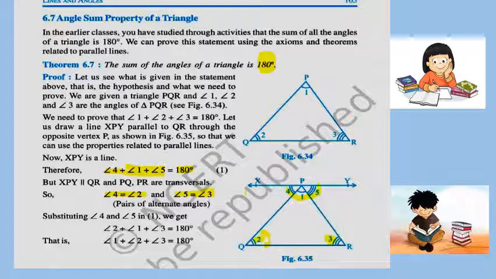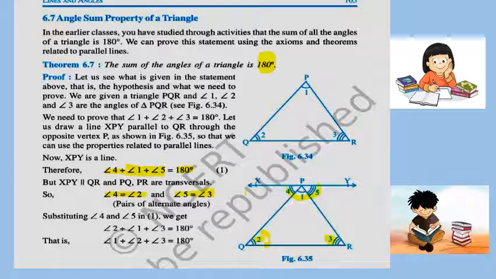Now recall the properties of the alternate angles when the two lines are parallel. Here angle 4 and angle 2 are the alternate angles, and angle 5 and angle 3 are the alternate angles. So when the lines are parallel, the alternate angles are equal. Now in the equation we will substitute, in place of 4 we will write 2 and in place of 5 we will write 3.